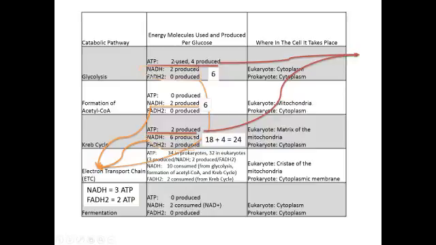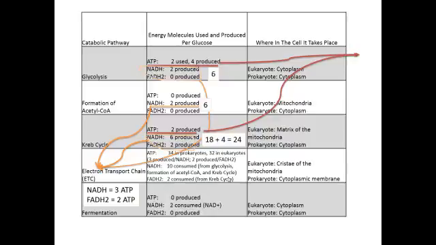So I add up these 2 net ATP here, these 6 ATPs, and then these 24 plus these 2, and that's where I come up with 38 ATPs for aerobic respiration.